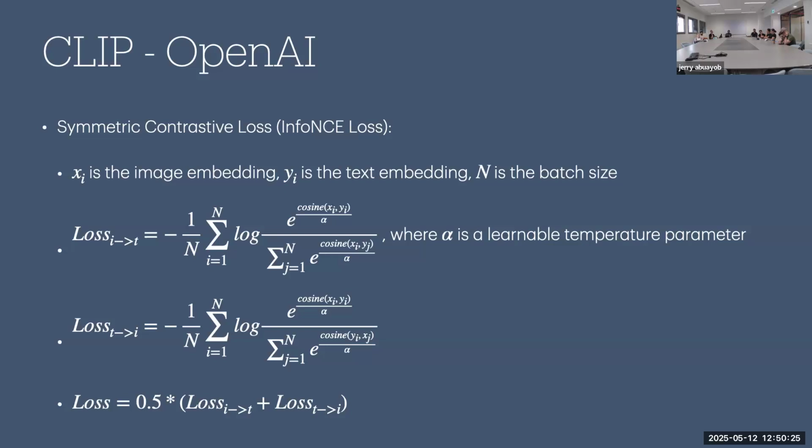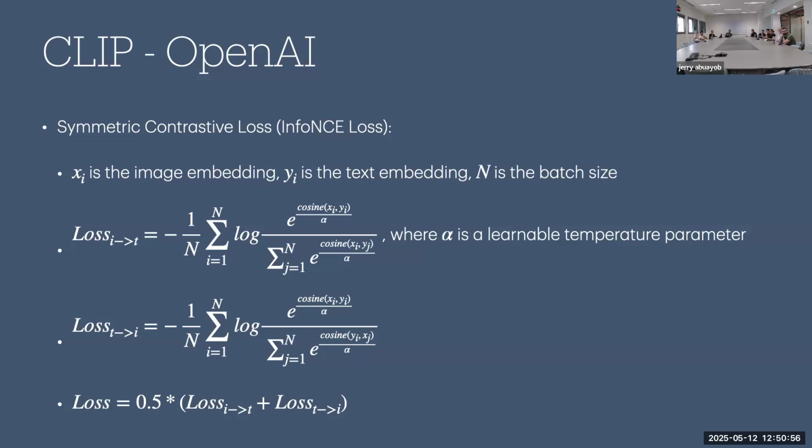So the loss function is called, as I said, the InfoNCE, and we insert over here the cosine distance between the image embeddings and the text embeddings. So if xi is the image embedding and yi is the text embedding, and n is the batch size, we have two loss functions because we have two different viewpoints, okay?